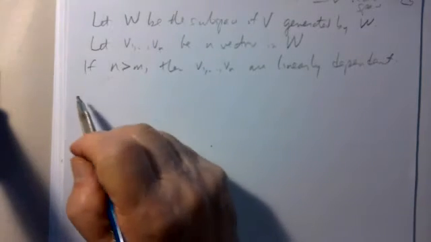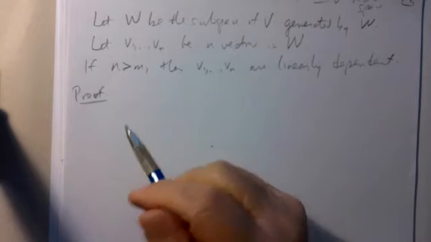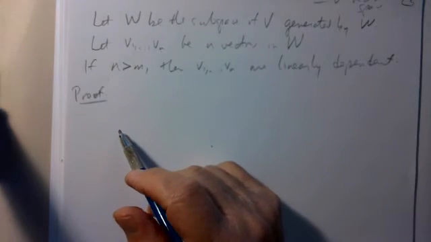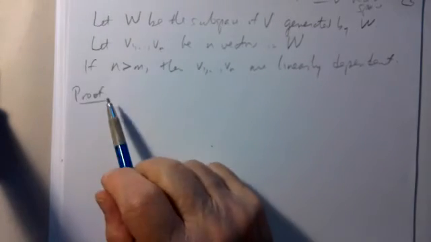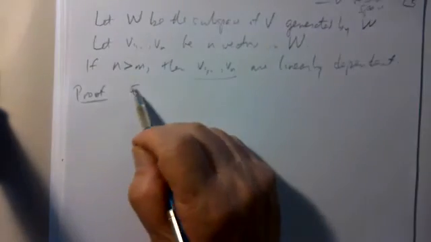And the proof comes down to the theorem that we proved at the very beginning, which says that if you have a system of homogeneous equations with more variables than equations, then there's always a non-zero solution. Okay, so how does the proof go? I have n vectors.